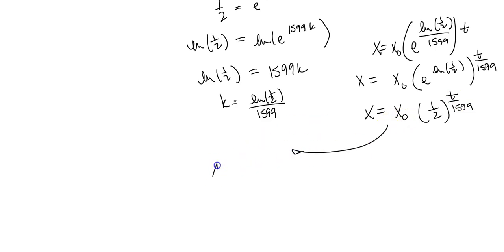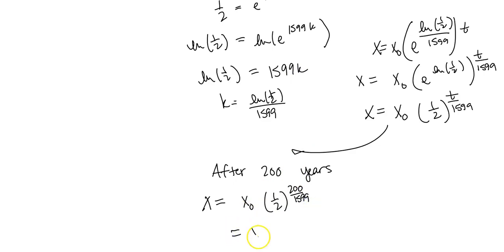So this says that after 200 years, x would be equal to x sub 0 times 1/2 to the 200 divided by 1599, which is x sub 0 times this lovely decimal, 0.91695, and so on and so forth.